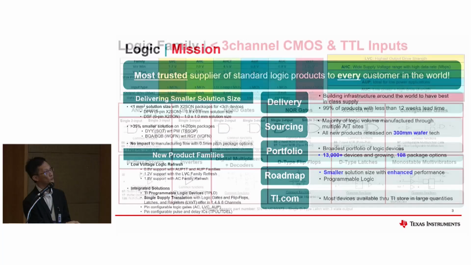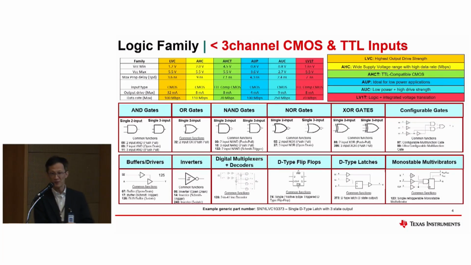So I'll next move to our logic family. We separate into what I call less than 3 channel CMOS and TTL output. The key thing about this logic family is we have 6 product families: the LVC, which is the low voltage CMOS, and advanced high-speed CMOS, and ACT, the advanced CMOS with TTL compatible, and then the ultra low power and ultra high speed, and also the logic gate with translation.